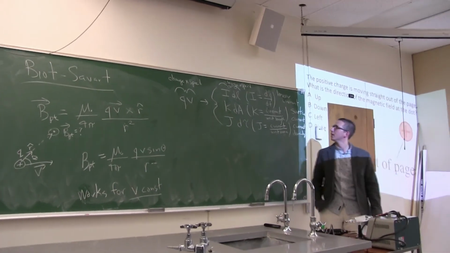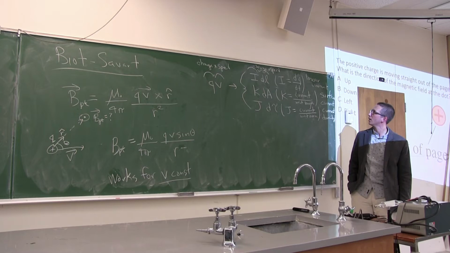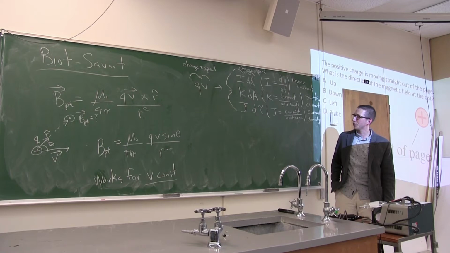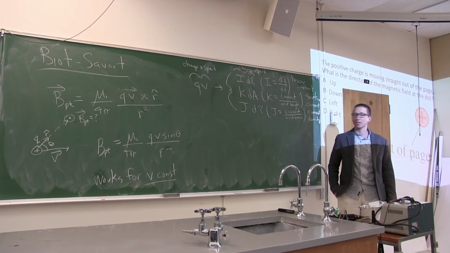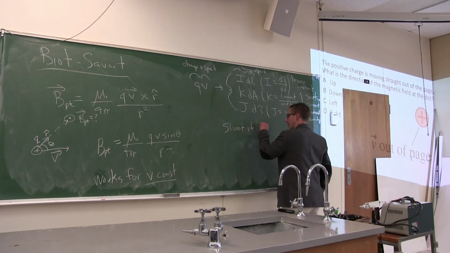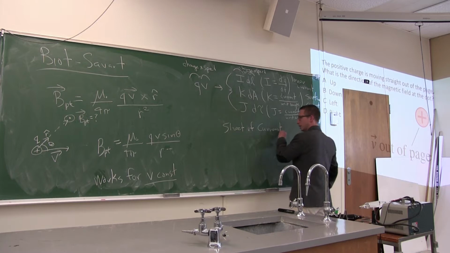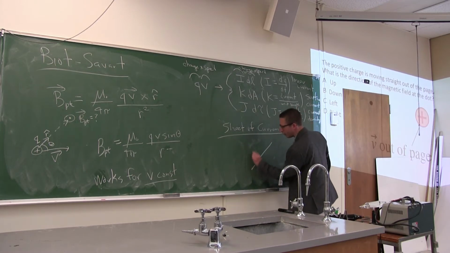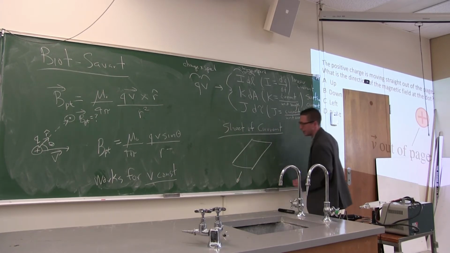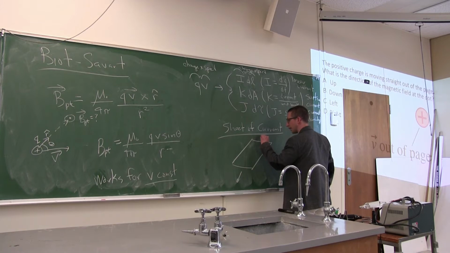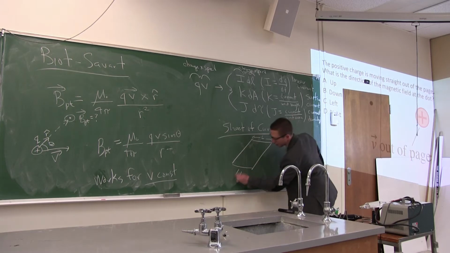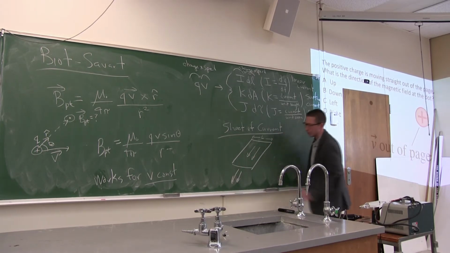Question? Why are the units for K not current per area? Why is it current per length? Because imagine I have a sheet of current, for example. So far we've really just had a line of current, right? Let's imagine that this sheet of current has cross-sectional length L, and there's a current flowing through the sheet like this.